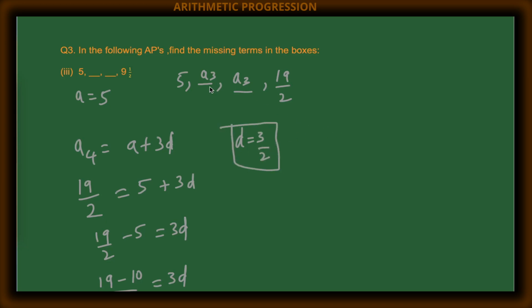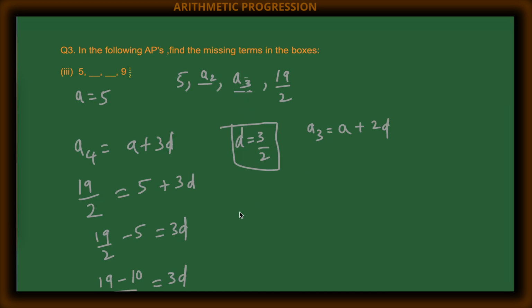The missing terms are, here I had marked X, but it should be A2, and this should be A3. First term is this, second term is this, third term is this. The unknowns are the second and third, not the third and fourth.